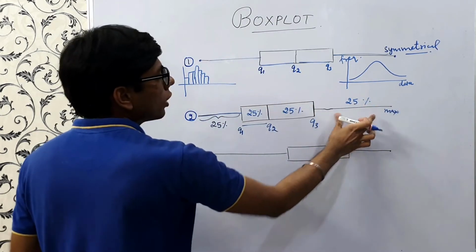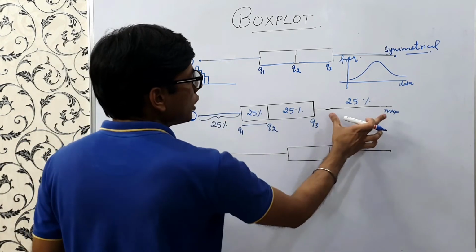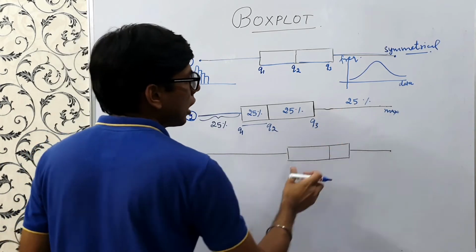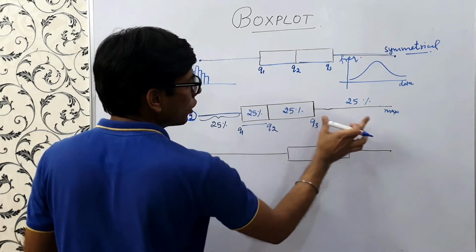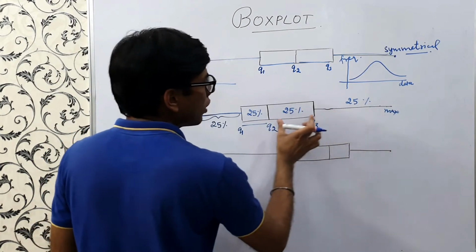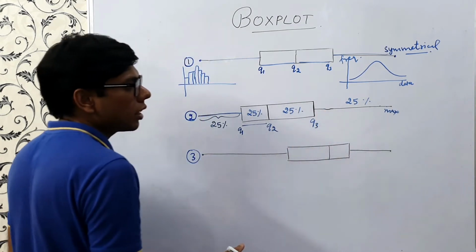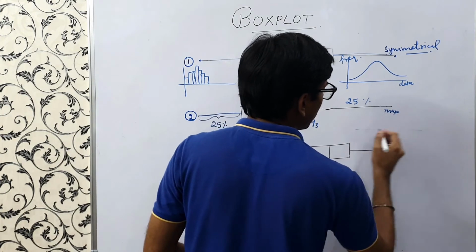So the amount of the data remains the same in each of these regions. In each of this region, there is only 25% of the data. But you see after Q2, so Q2 and Q3 to max, the amount of data remains 25% only, but there is more scatterness in the data. So some sort of skewness is there, right?